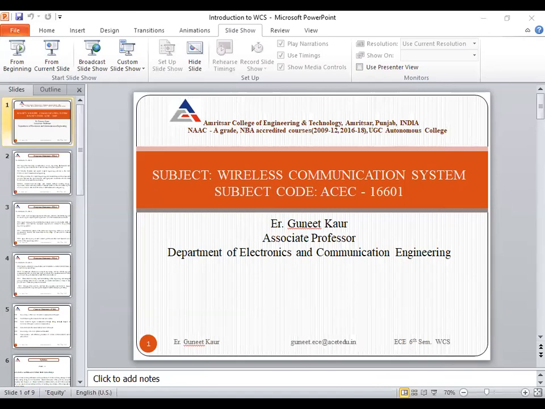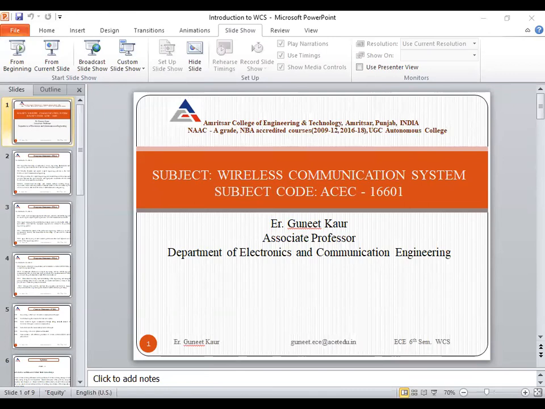Program outcome 8: apply ethical principles and commit to professional ethics, responsibilities, and norms of engineering practice. Program outcome 9: function effectively as an individual, and as a member or leader in teams, in multidisciplinary settings.